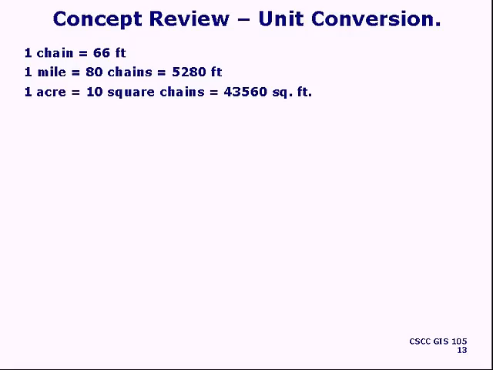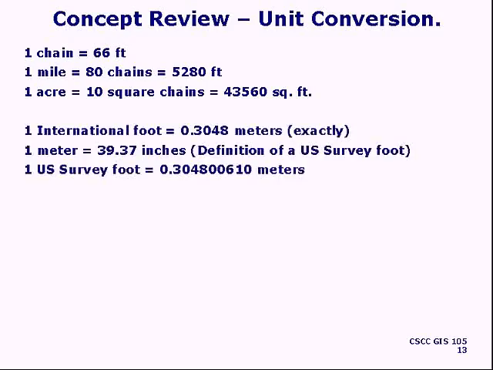Why, when they were deciding what distances were important, did they come up with a chain as being 66 feet? And did you realize that a mile, what is a mile? It's 80 chains. What's an acre? That's 10 square chains. You don't need to know that. But if you could do some of these conversions in a spreadsheet, just a reminder kind of where we're going.